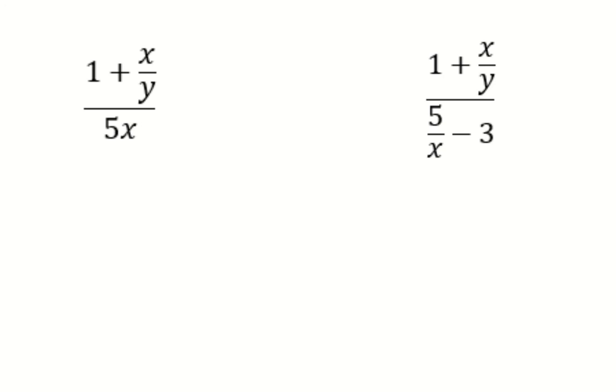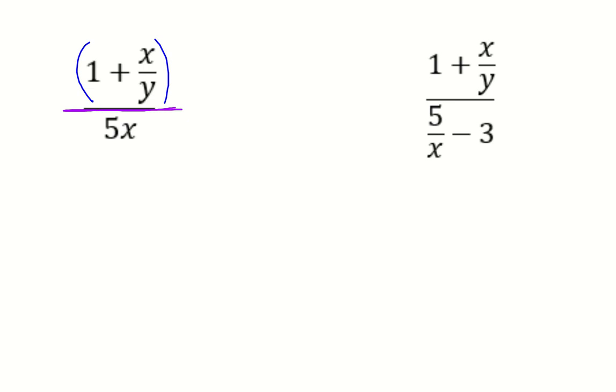So I'm going to consider this two little mini problems. The first one as 1 plus x over y, and then the second one is just 5x, which there's nothing to do there. And then I would be dividing those. If I make a common denominator, if I just consider this fraction of 1 plus x over y, and don't even look at the rest of it, the common denominator there would be y.